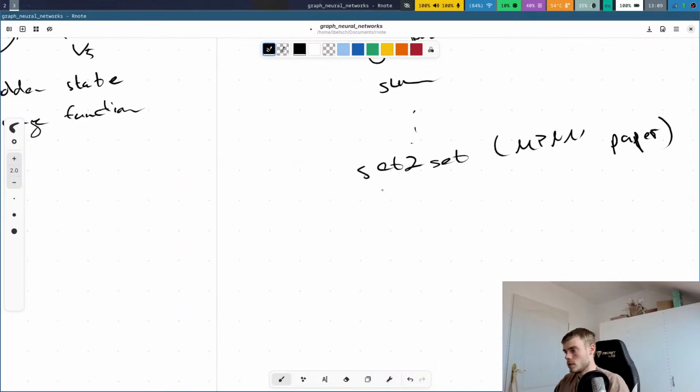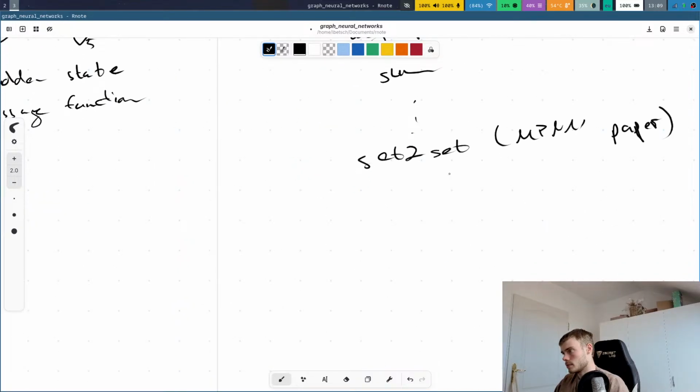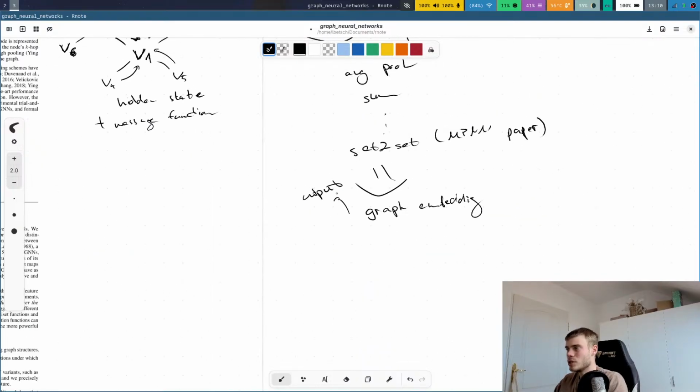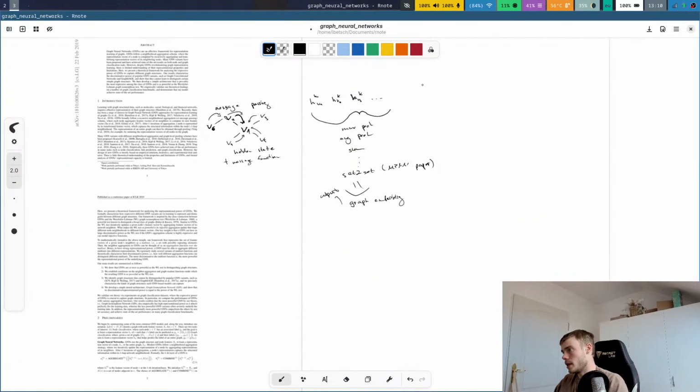And then you use this graph embedding to predict something about the graph. Right? Which is essentially the readout process.